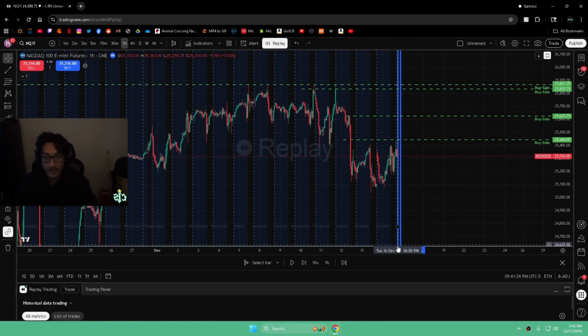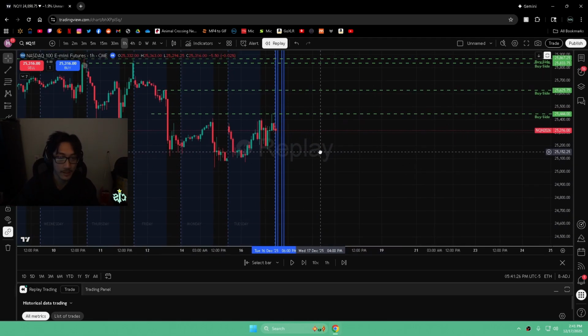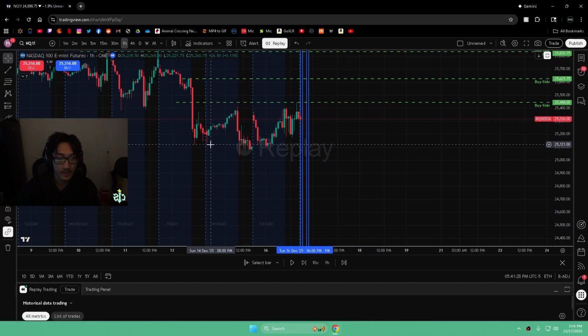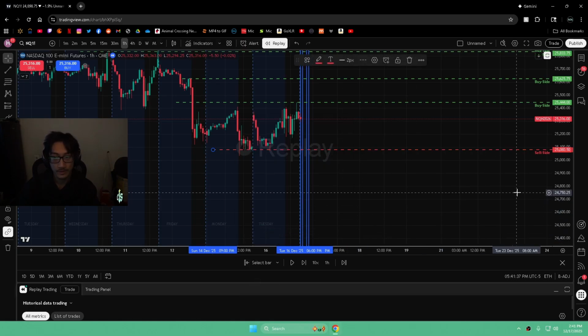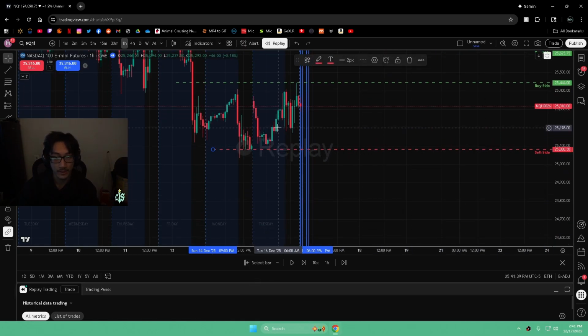Okay, now we look at our sell side. Let's see what we have. So we have this relative equal lows right here. We have a closer equal low right here on the hourly.